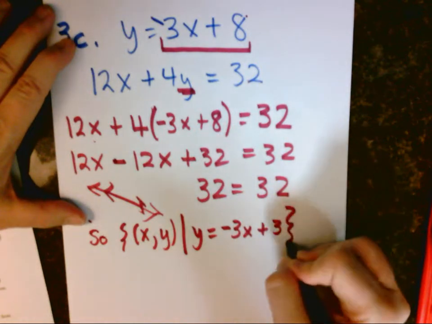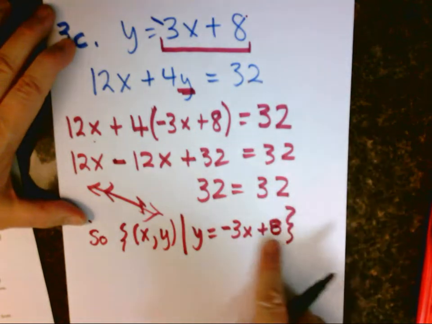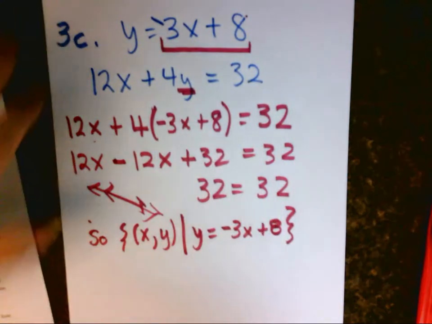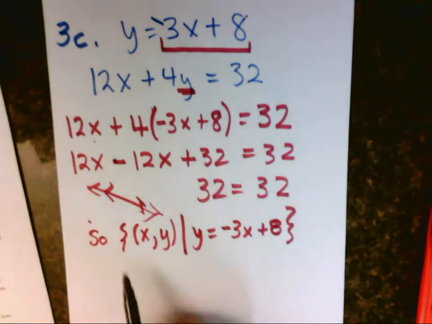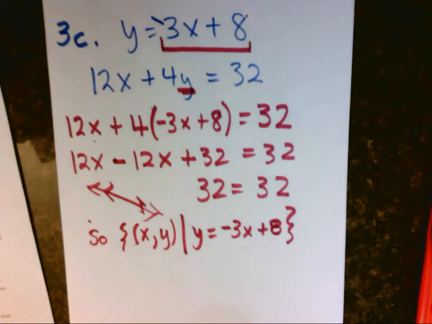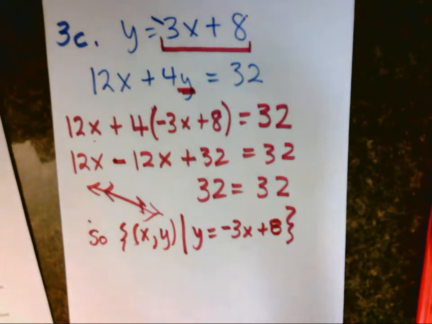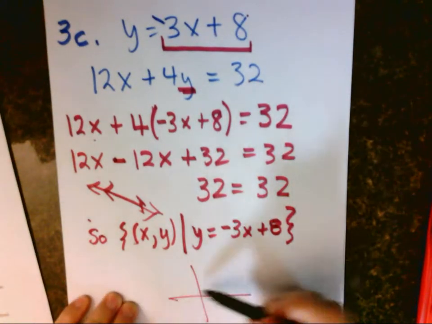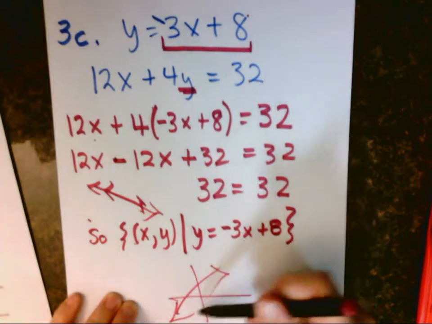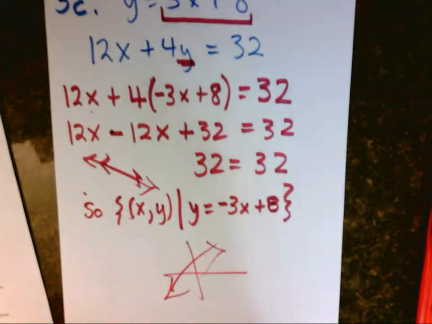Any point on this line is also on that line because they're the same line. So all the x, y points that are on the line. You can't just say any real number because when you graph a line, there are lots of points that aren't on that line, right? So you have to pick a point on that line in this case.